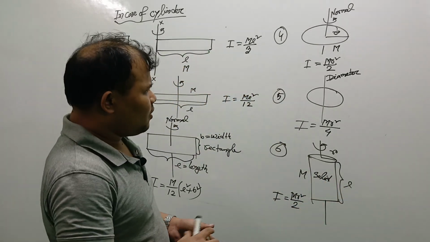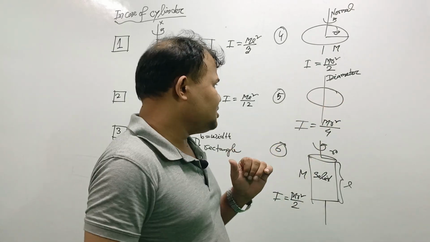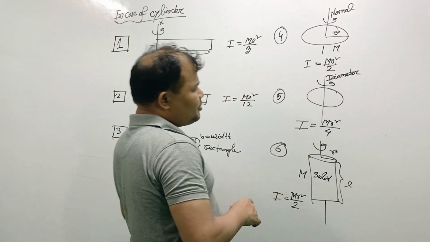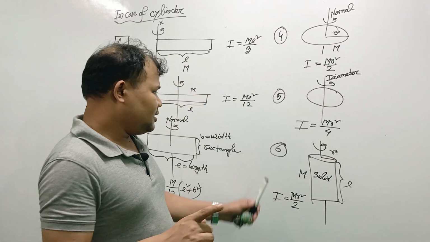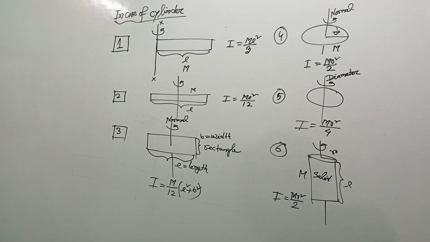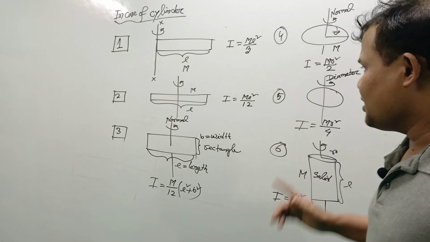And in case of the circular disc, if the rotational axis is the diameter, and this is the direction of the rotation, then the moment of inertia will be I equal to M R square divided by 4. Already we learned these basic shapes of moment of inertia.